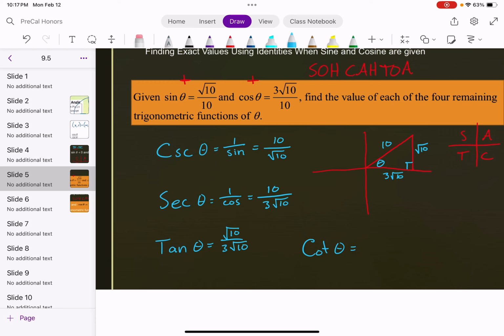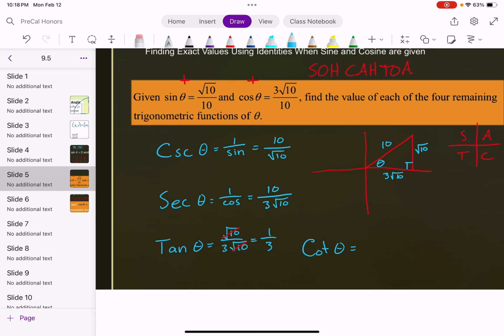Now, cotangent is extremely simple to solve because we can go ahead and get the inverse of it. Before we go on to cotangent, let's simplify that a little bit. Square root of 10 divided by 3 square root of 10. The square root of 10s cancel out, and in this case, we are ending up with 1 over 3.